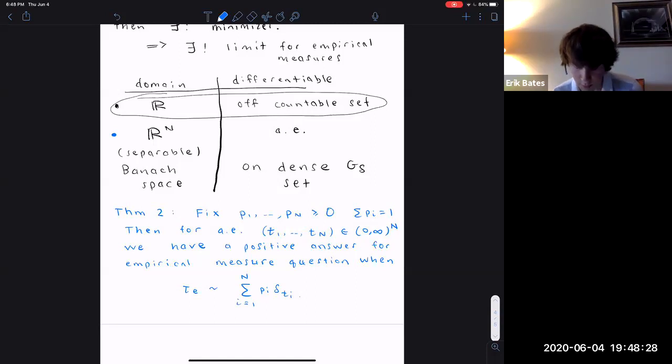Then the conclusion is there's a p-dependent set, but it's an almost sure set, an almost everywhere set of vectors T1 to Tn, such that if I linearly combine these probabilities with these possible values for the edge weights, then what results is an edge weight distribution that has a unique limit of empirical measures associated to geodesics. So this would give us the first example of a positive answer to Hoffman's question.